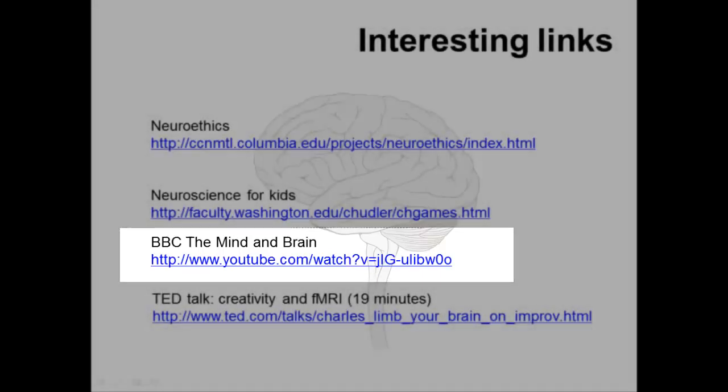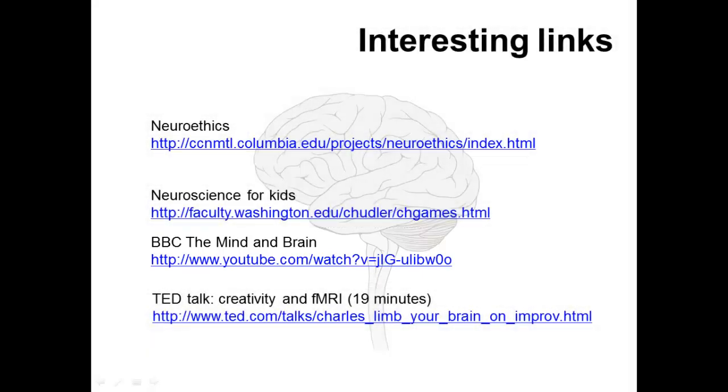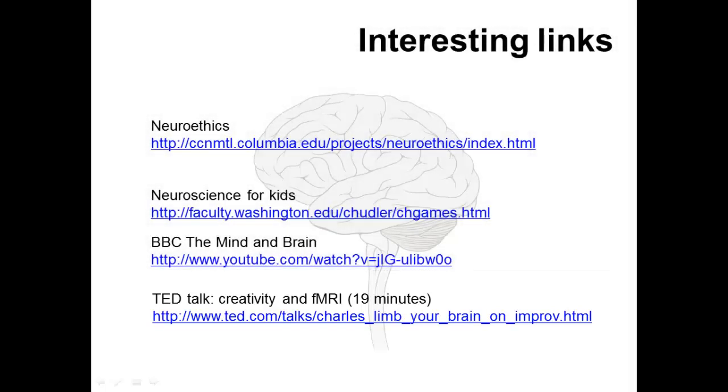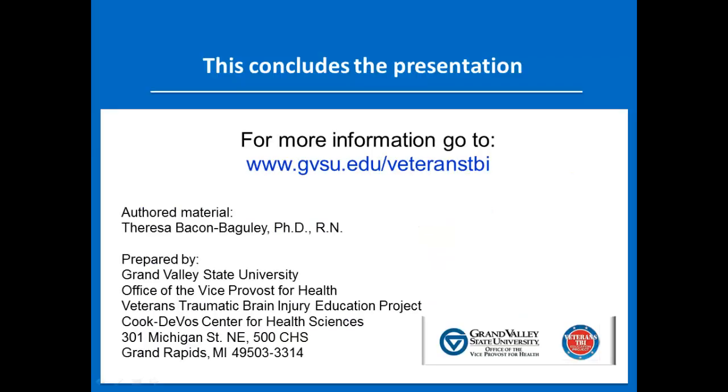It's just a 2-minute introduction to a series of videos on the structure and function of the brain. And then there's the TED Talk, which is a talk by a neurosurgeon from Harvard University who talks about creativity in the brain.